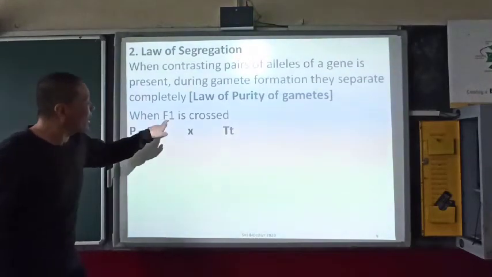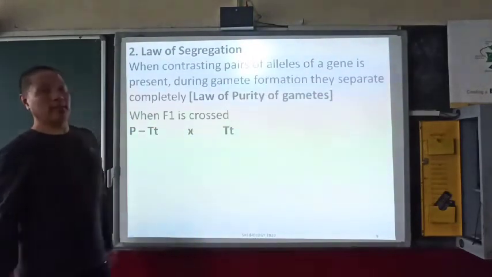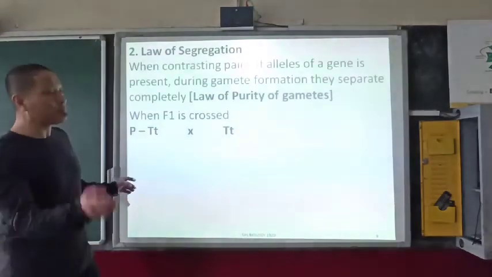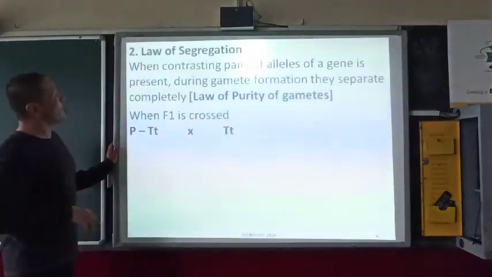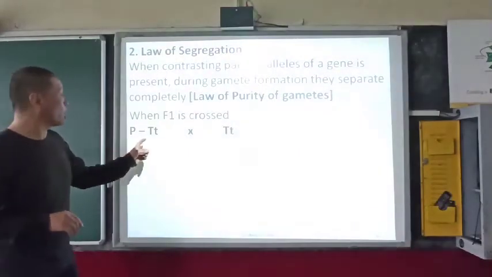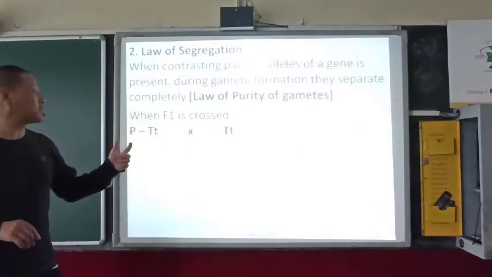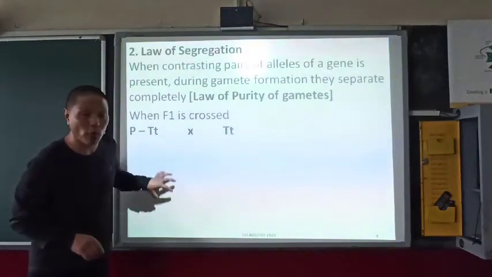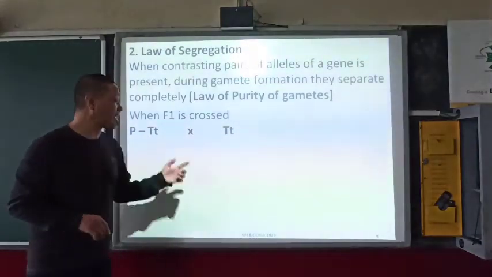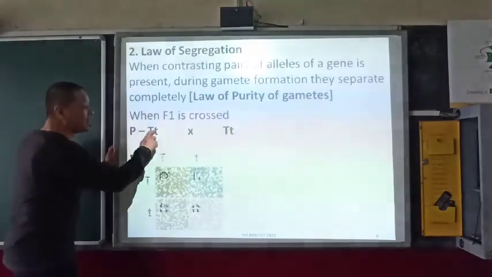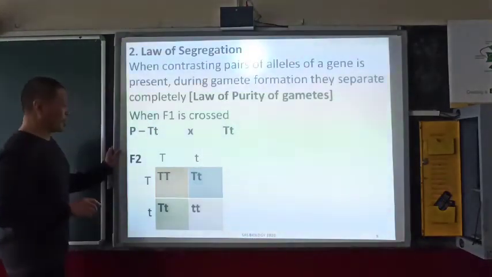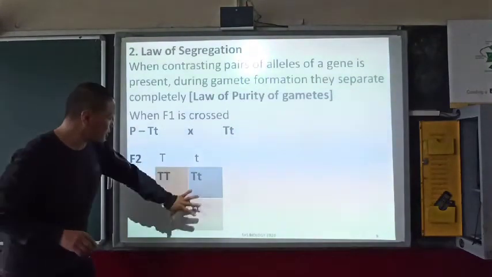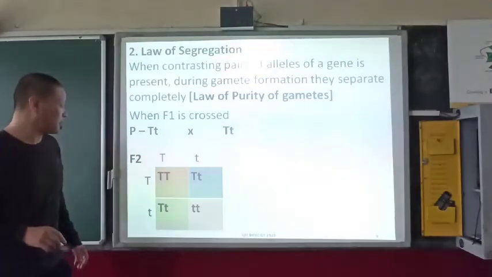So it's well explained by this. When you cross the F1, the first filial generation, remember back in the law of dominance, we found that the first filial generation was capital T and small t. All of those four boxes have the same combination. Now we are taking these as the parents and then crossing them, and then in F2 we get this set of genetic combinations.